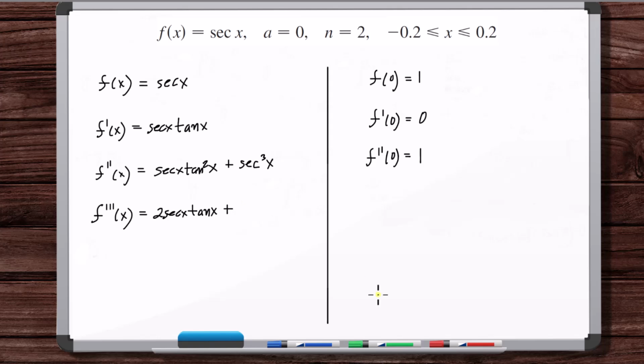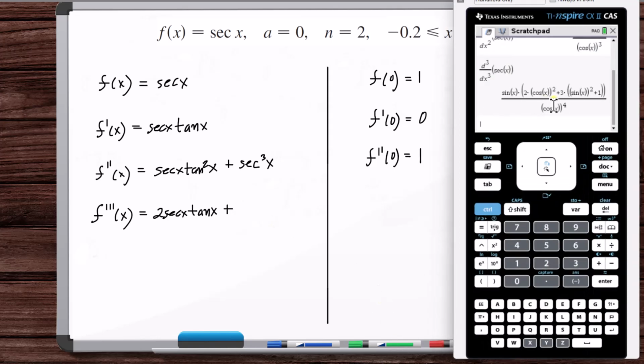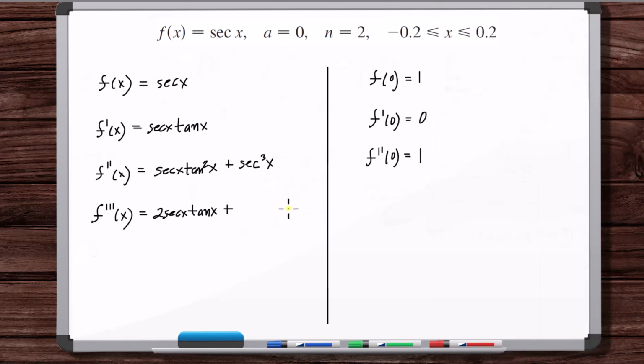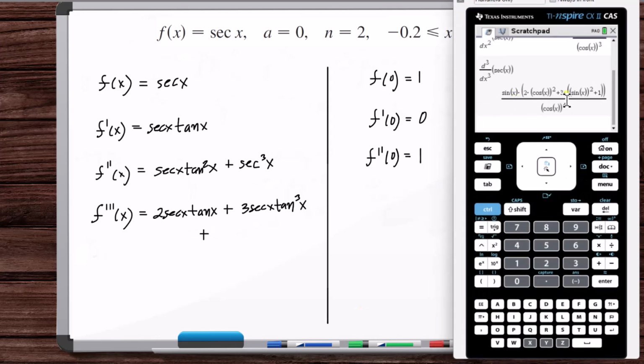All right, and then 3 sine cubed x over cosine to the fourth of x, that's 3 secant x tangent cubed x. Okay, and then plus 3 sine x over cosine to the fourth of x, so that's 3 secant cubed x tangent x.